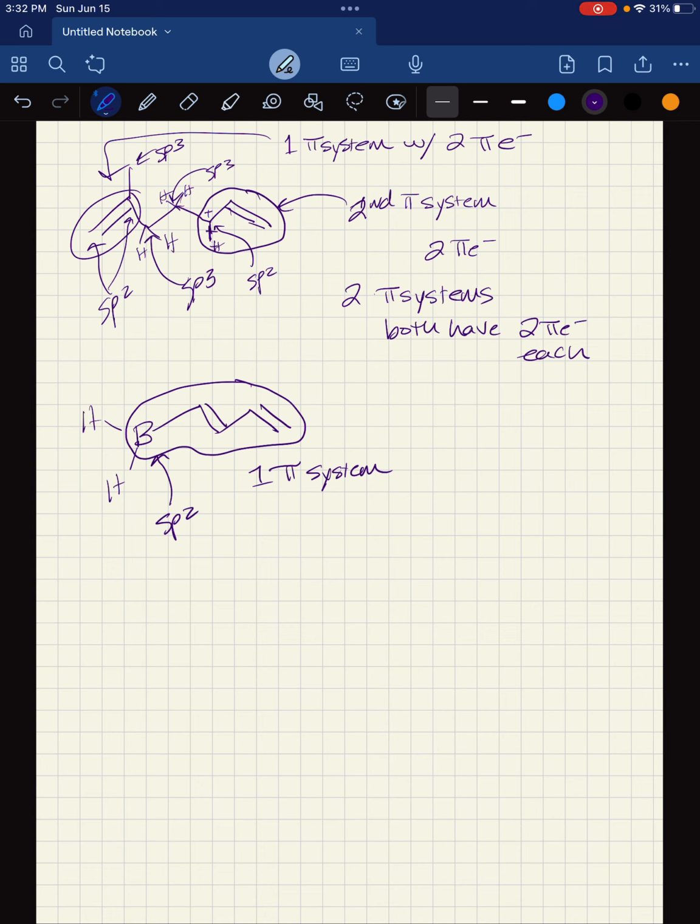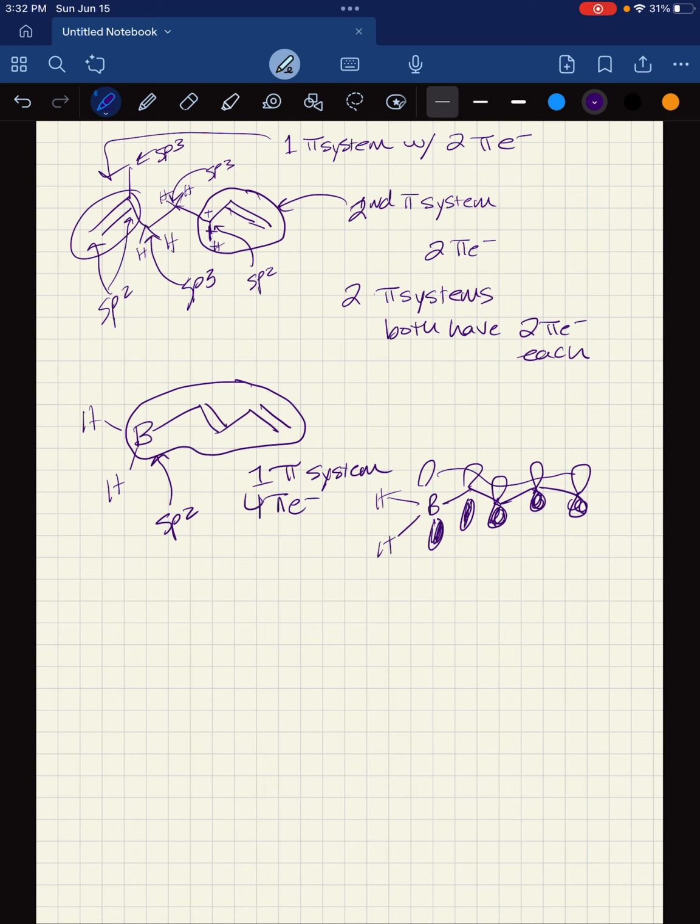And so that's going to effectively have this unhybridized set of p orbitals that are going to be involved in bonding in the pi system. Okay, so those 4 pi electrons will be spread out over that pi system.